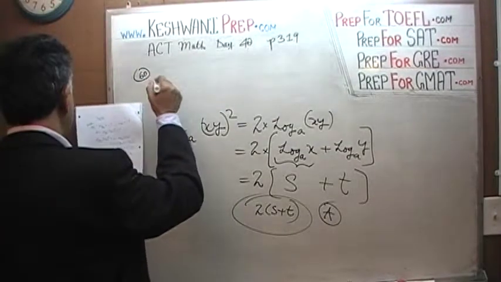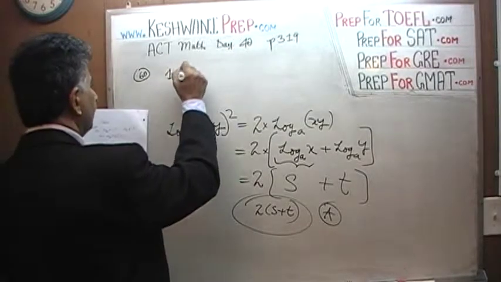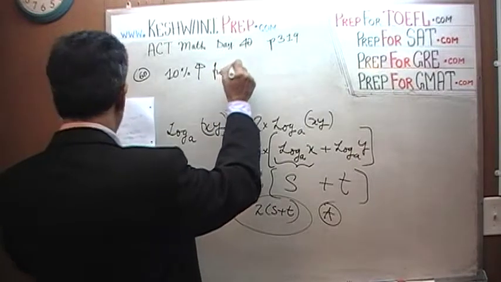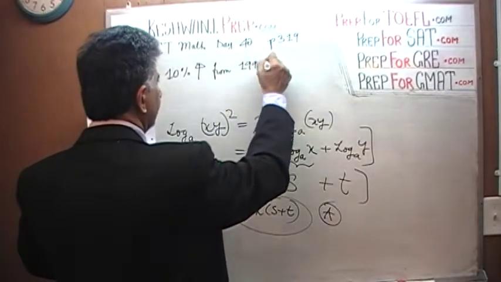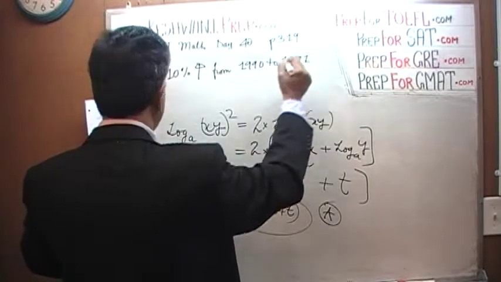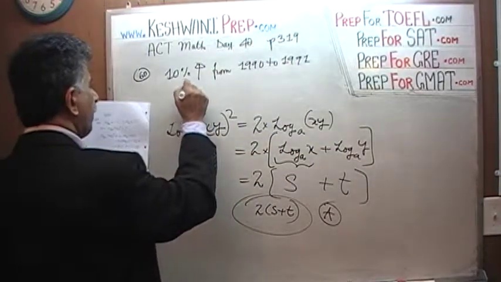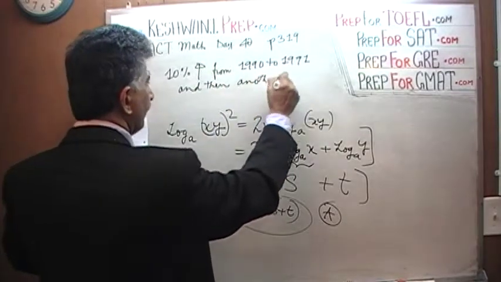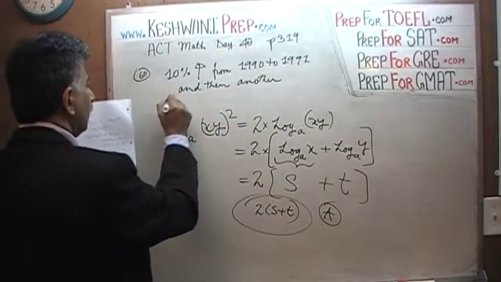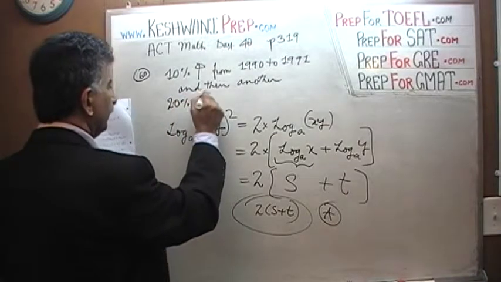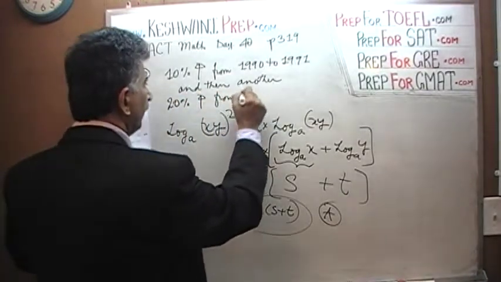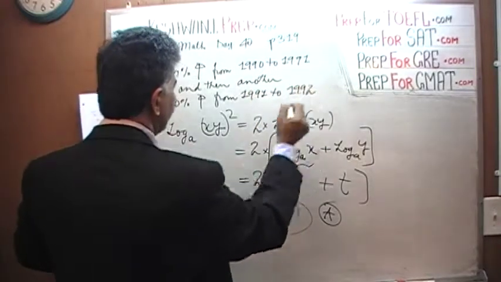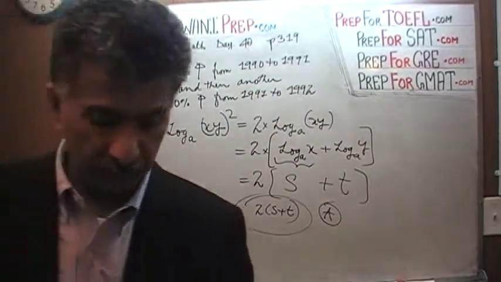In problem number 60, we are told that we have a 10% increase from 1990 to 1991, and then we have another 20% increase from 1991 to 1992. The question is, what is the total amount of increase?